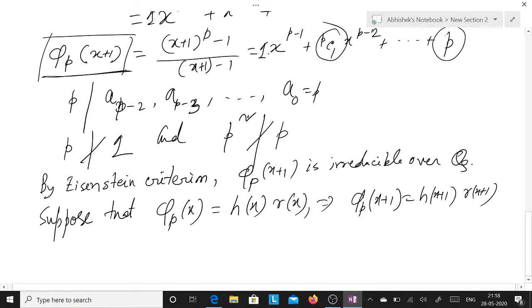Then this will give a non-trivial factorization of phi p of x plus 1 in Z[x].